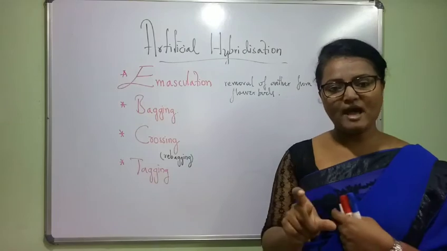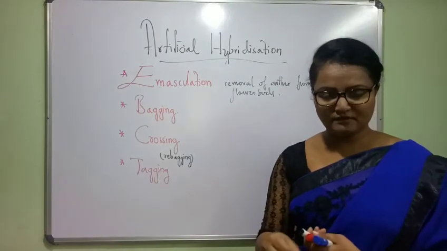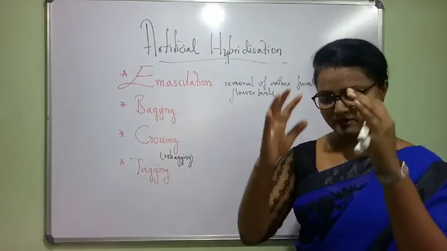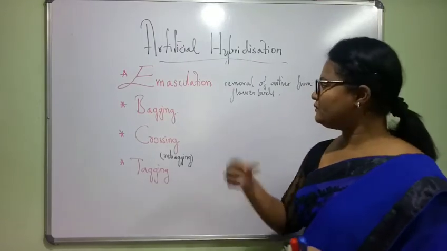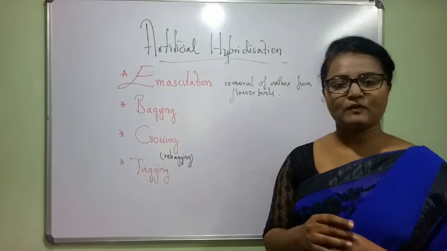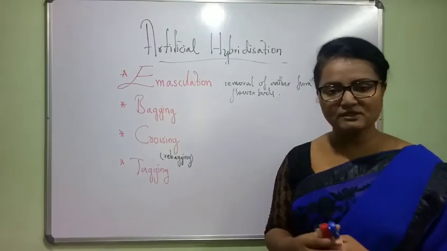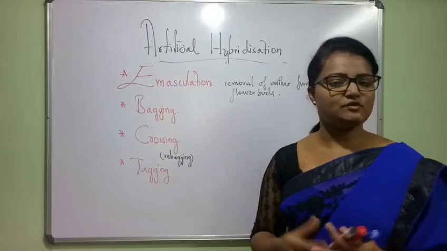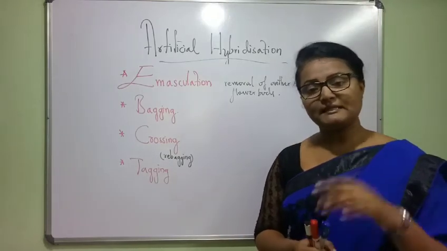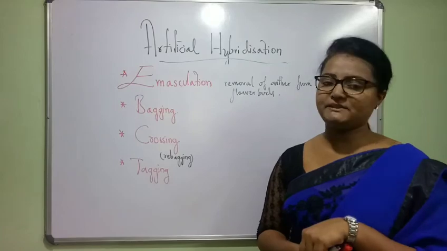Emasculation is the process where, within the selected flower of the selected plant, they remove the anther. Just imagine they have selected a plant which contains bisexual flowers, which contain both stamen and pistil.